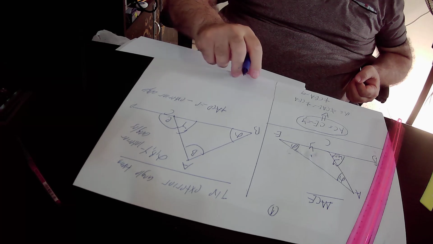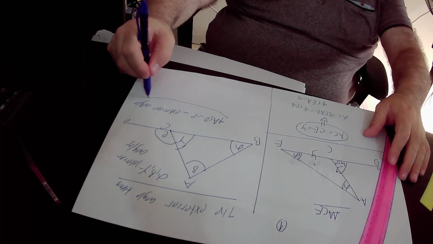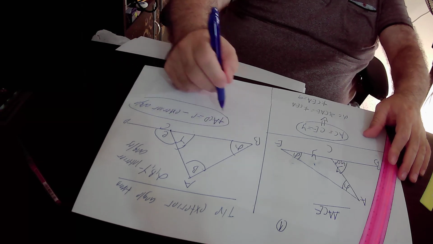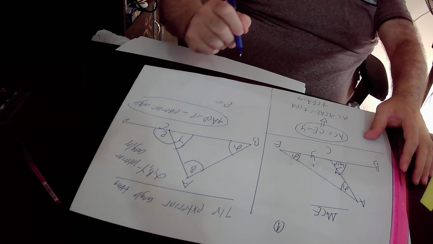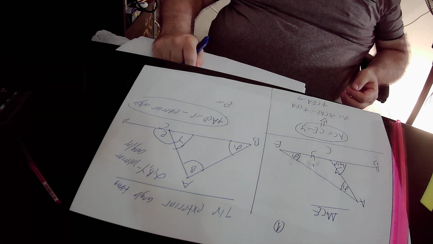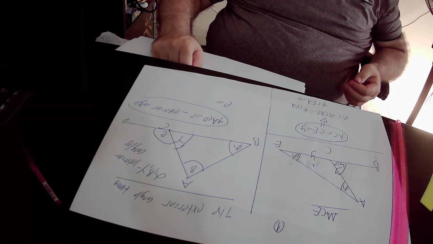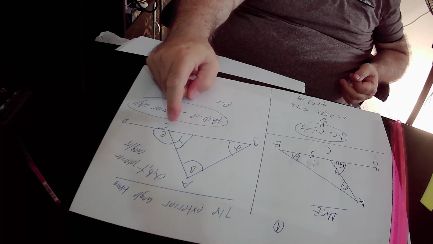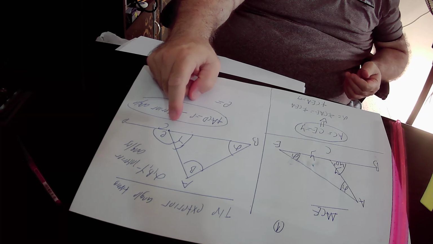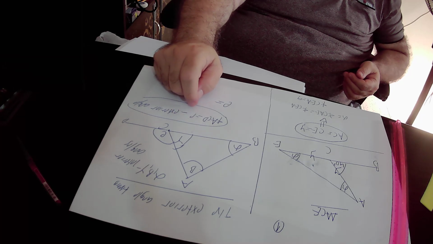And according to the exterior angle theorem, the size of the exterior angle E is equal to the sum of the two interior angles that are not adjacent to it. Repeat again, the size of this angle E according to the exterior angle theorem is equal to the sum of the two interior angles that are not adjacent to it.